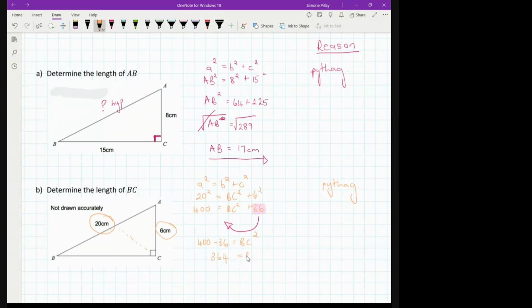And then what? You square root BC, and now I'm rounding off to two decimal places. It's going to be 19.08 equal to BC. And are we done?